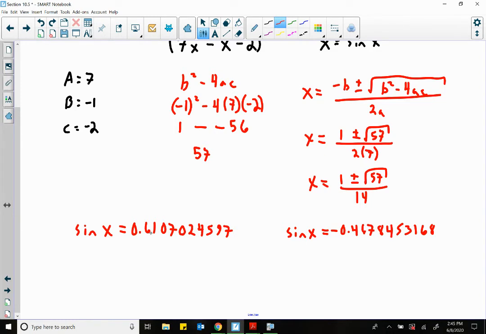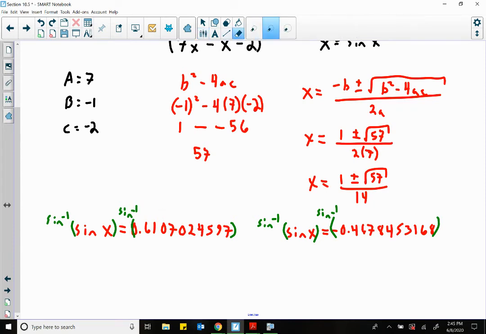So how do I get x by itself? Inverse sine. So sine negative 1.